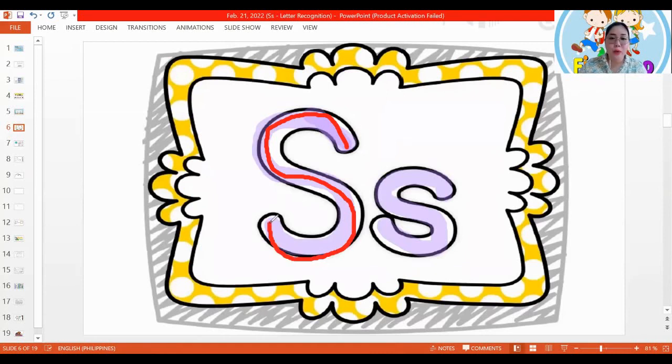So that is how we make our capital letter S. And for lowercase letter S, it's the same, but we just make it smaller. So we make a small curve, go down, and then we turn and we go up again, and we have our lowercase letter S. And S is for snake.